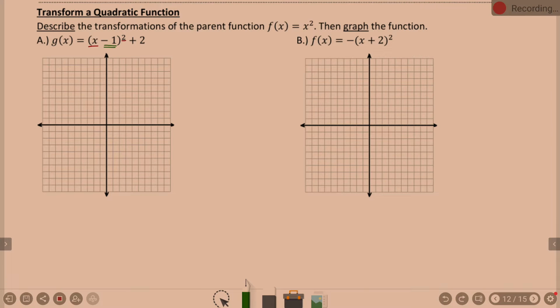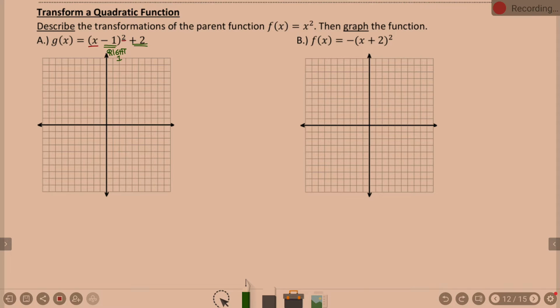What's that -1 do to my graph? Right one? Yeah. If you go back and look at the chart up above, if it's -c in the parentheses, it's going to go right. So it's going to be opposite of the sign. So I'm going to write it out in words down below, but we are going to go right one. What's plus a number at the end of the graph do?